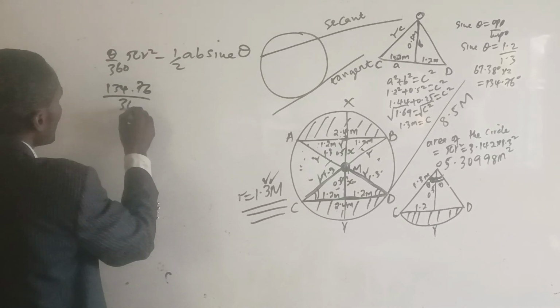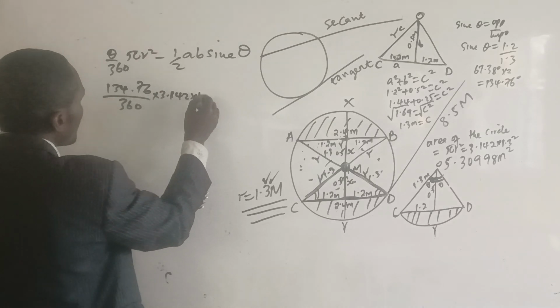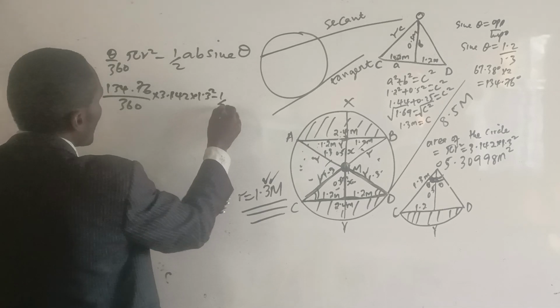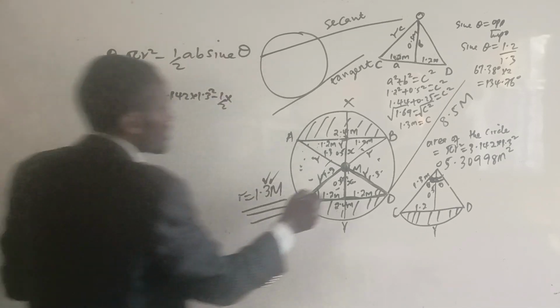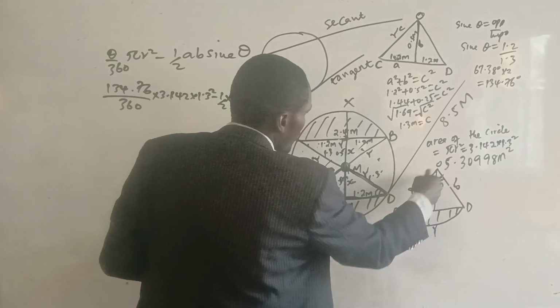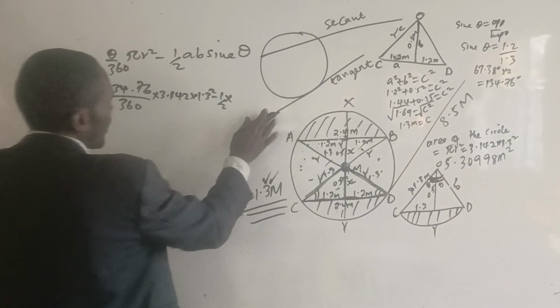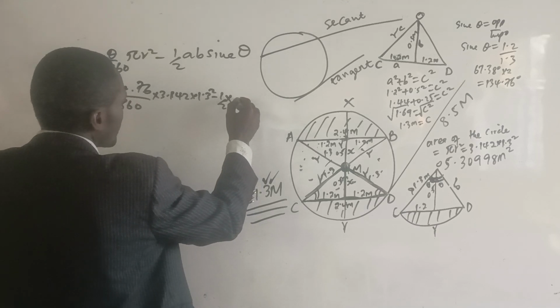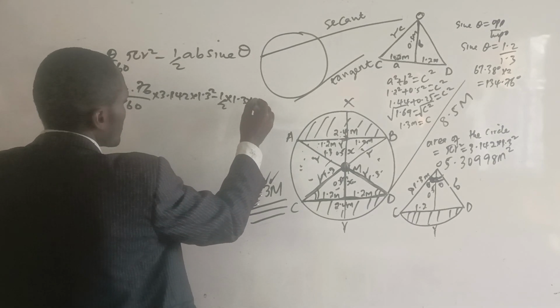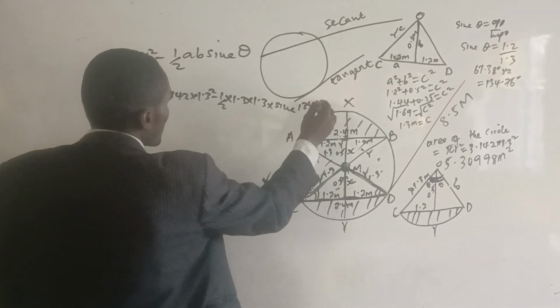So theta is 134.76 over 360 times pi, given as 3.142, times 1.3 squared, minus a half times, of course, AB. We take this to be our A and this to be our B, because a half AB sine theta is the area of the triangle. So a half times A, 1.3, times B, 1.3, times sine 134.76.